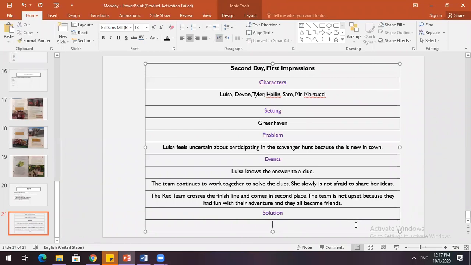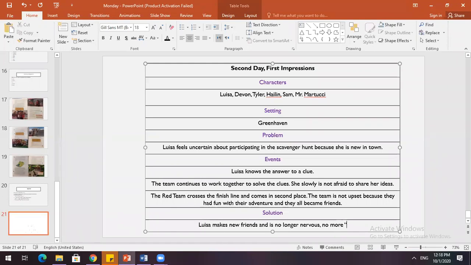And what is the solution? Somebody who hasn't participated. Tanahi, did you answer? What is the story's solution? That Louisa had friends. Excellent. So Louisa makes new friends and is no longer nervous.